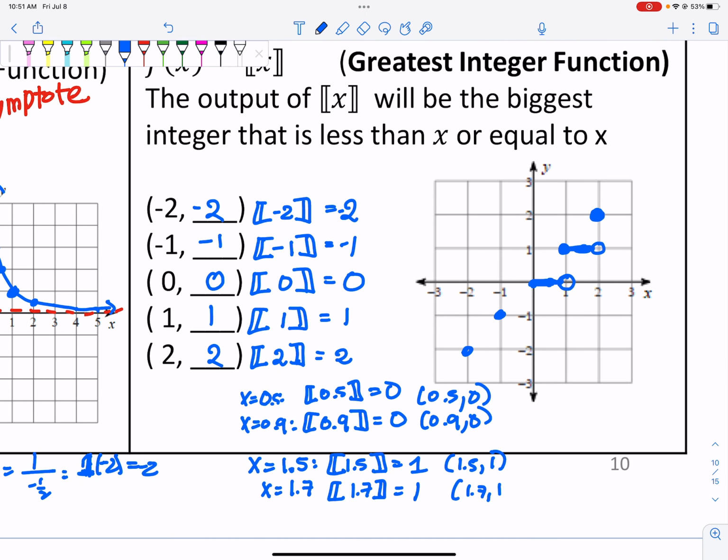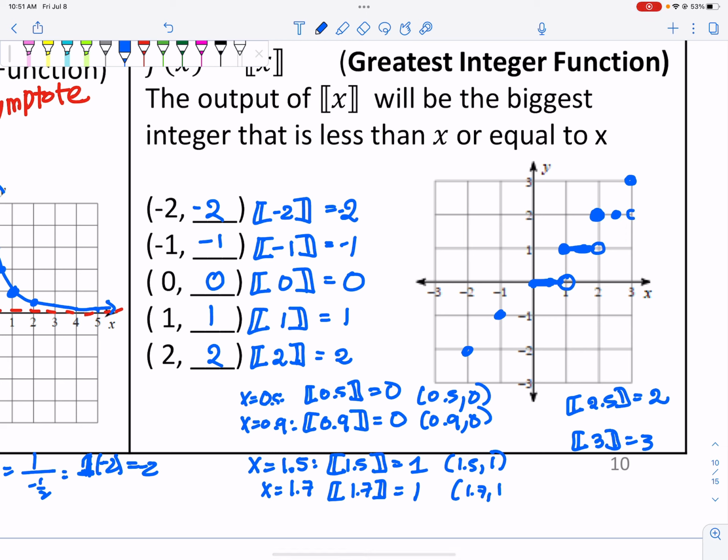All right, so similarly, if we were to pick x equals 2.5, the biggest integer that's less than or equal to 2.5 is going to be 2. It can't be bigger than 2.5, so it's going to be that point right there. And then at 3, the biggest integer that's less than or equal to 3 is going to be 3, so it's going to be a point at 3 there.